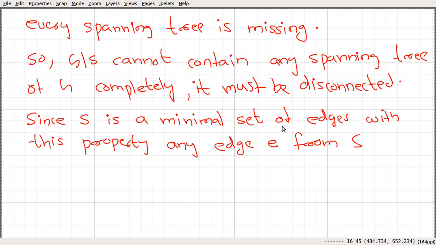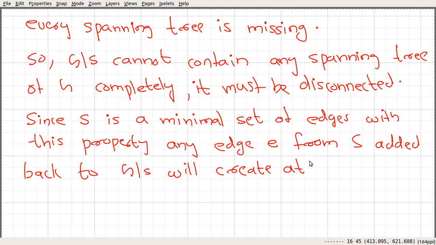Since S is a minimal set of edges with this property, any edge from S added back to this subgraph G minus S will create at least one spanning tree. So G minus S plus this edge added will become connected.